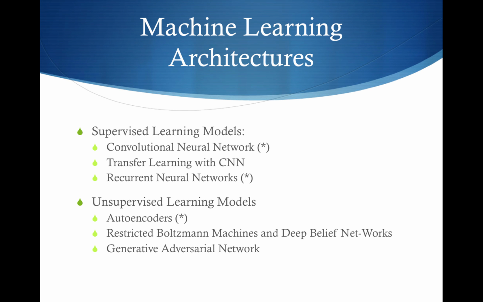In the supervised, we will mostly focus on the convolutional neural network and recurrent neural network, which are the two types that we have studied. And the last one, which belongs to the unsupervised learning model, is autoencoders. Since we do not have much time, I will only talk about these three types of learning model.